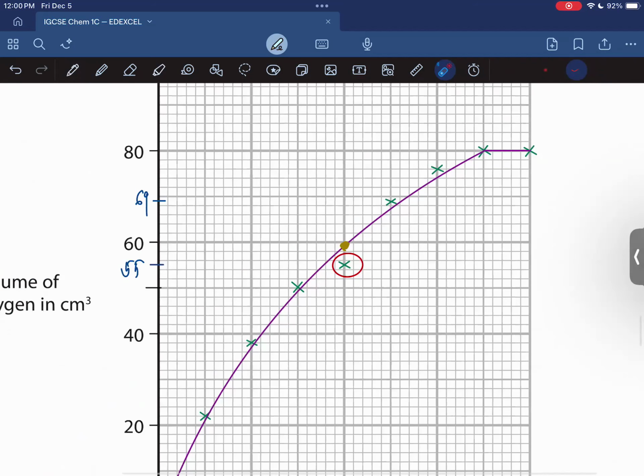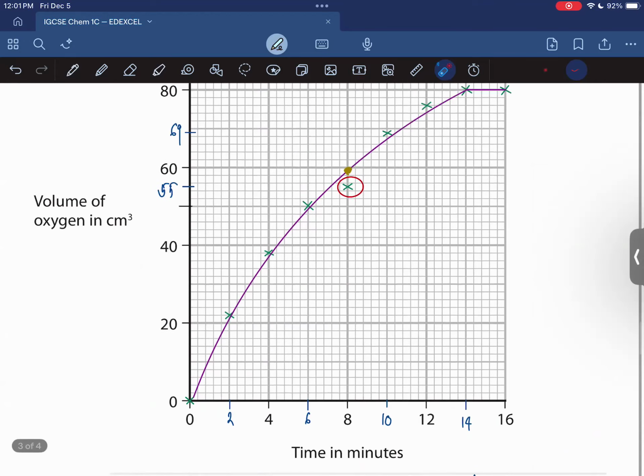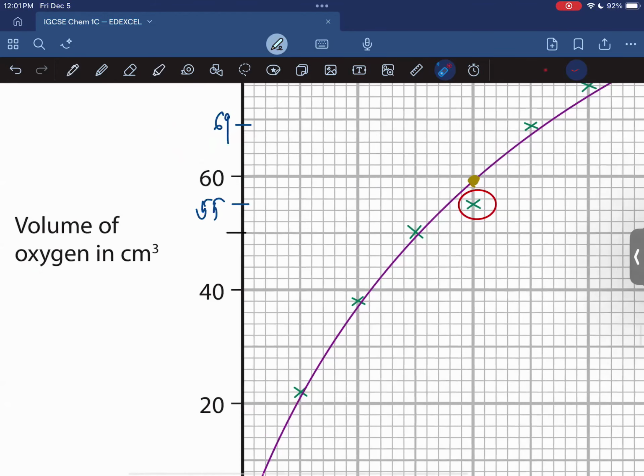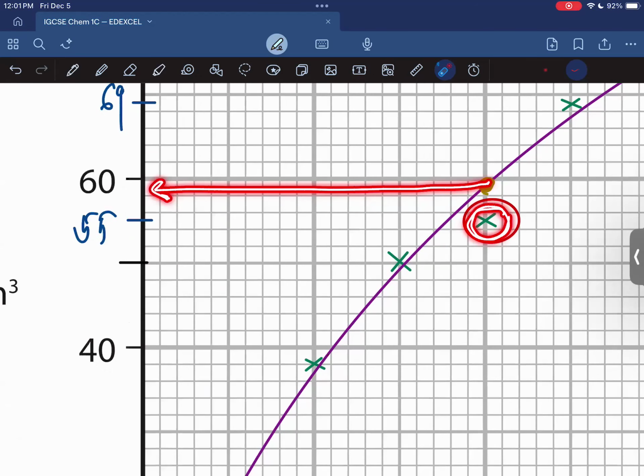Volume of oxygen and time in minutes. Now, the volume of oxygen should be higher, right? The volume of oxygen should be over here, but the volume of oxygen in the experiment is this. So the volume of oxygen is low, but over here the volume of oxygen would be high if this was to fit into that overall trend.